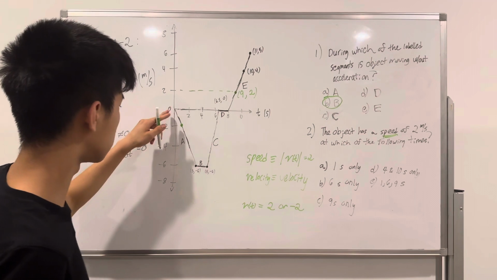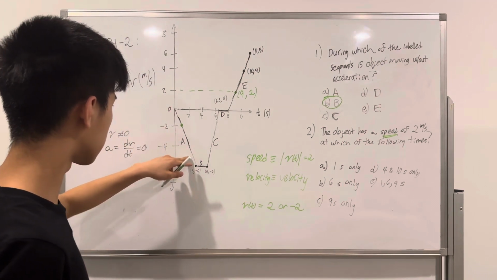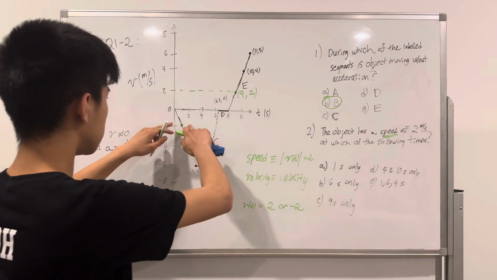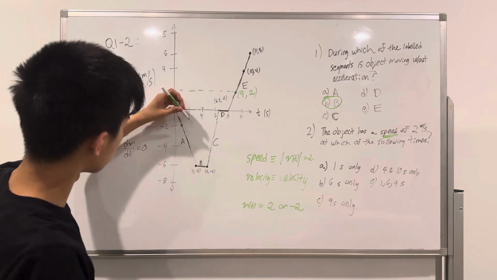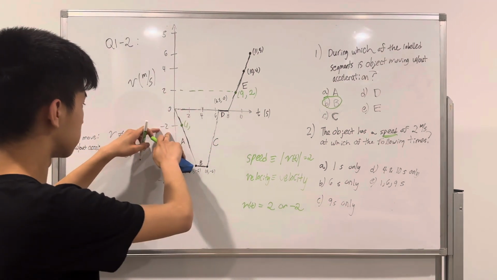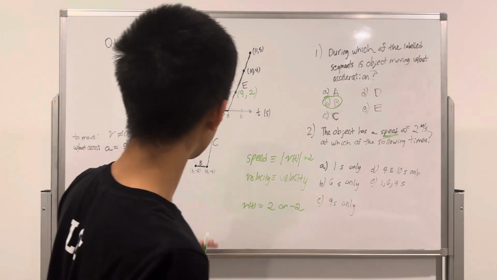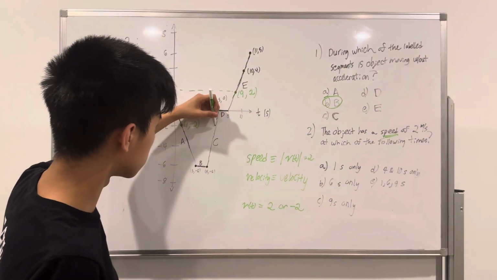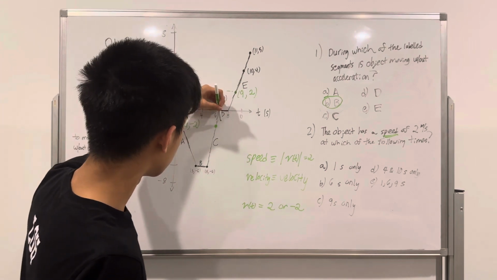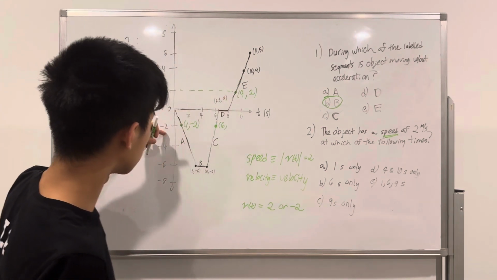And then same thing here, this has a slope of -2. So what's in between these points? It has to be 1, comma, well, it's obviously -2 here. And then also this point here is also at -2.